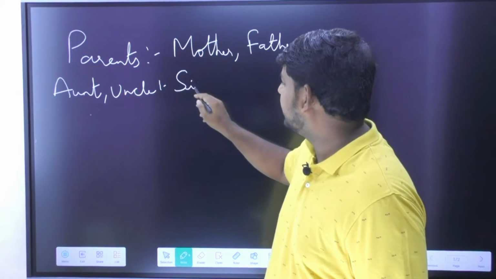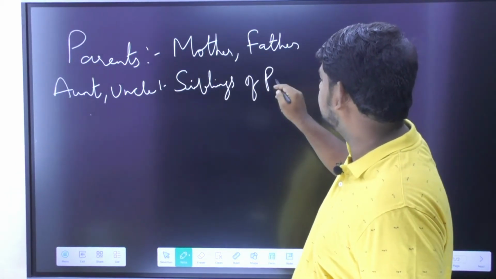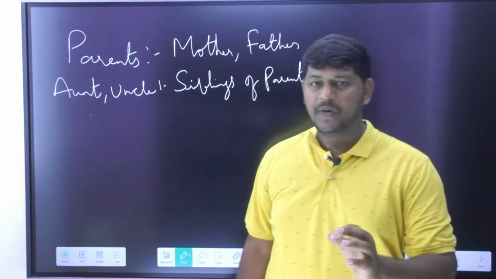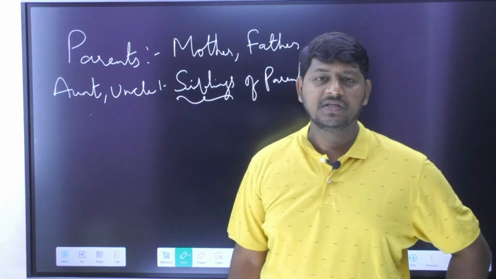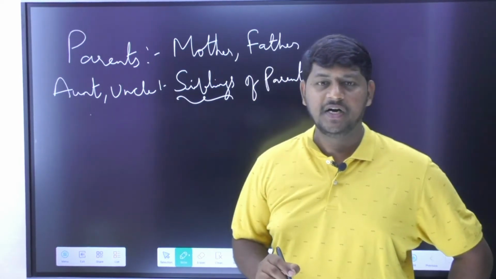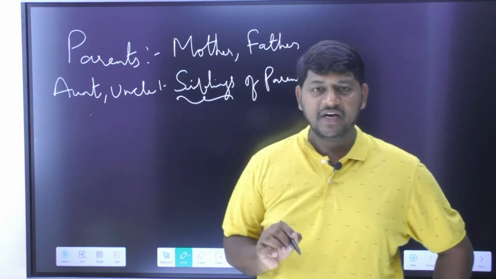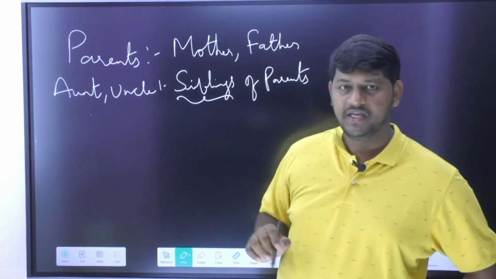They are siblings of parents. They are siblings of your parent. Now please remember this keyword sibling for a long period, because sibling is a keyword. If it is used by your examiner, definitely your examiner tries to confuse you by using the sibling keyword. You know why?